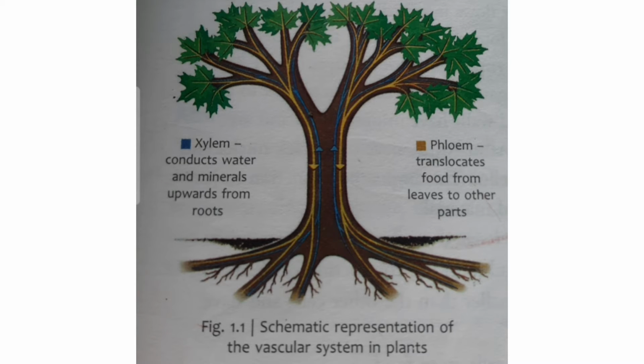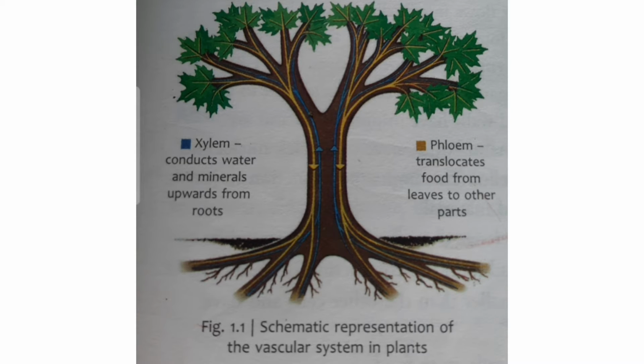You have learned earlier that xylem tissues and phloem tissues are made up of two or more different types of cells. Cells that make up xylem tissue are specialized to conduct water and minerals. Similarly, cells that make up phloem tissue are specialized to transport the food prepared by the leaves to different parts of the plants.